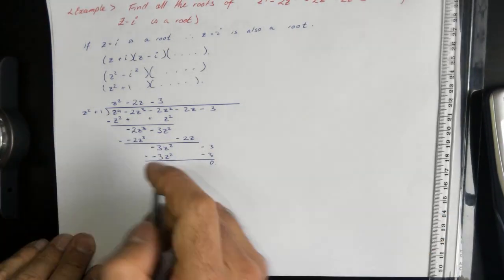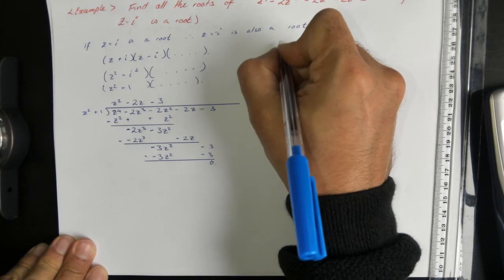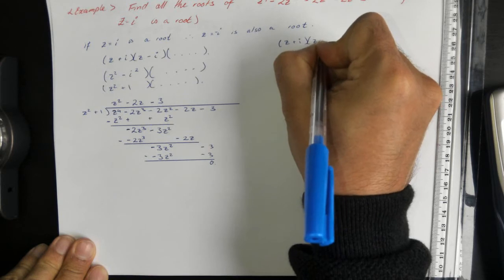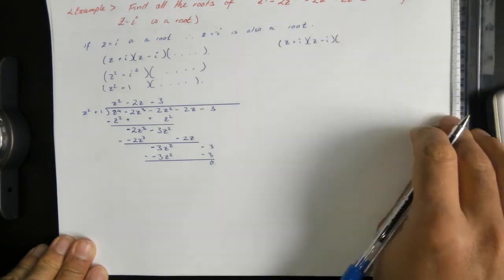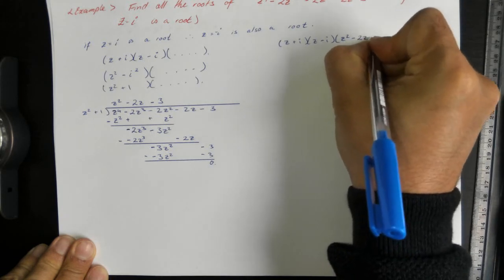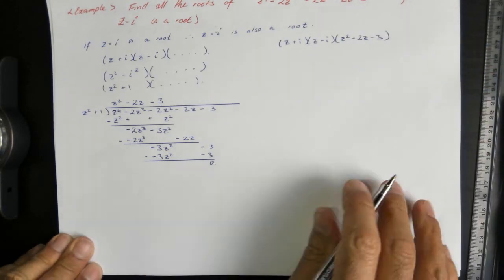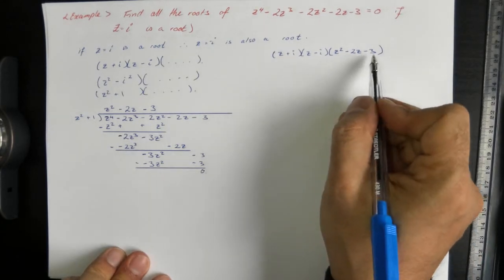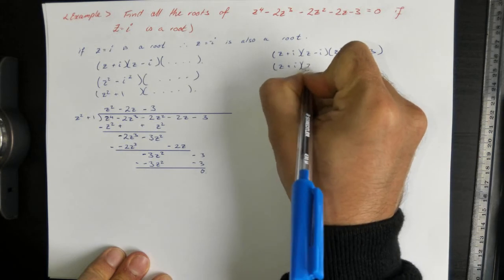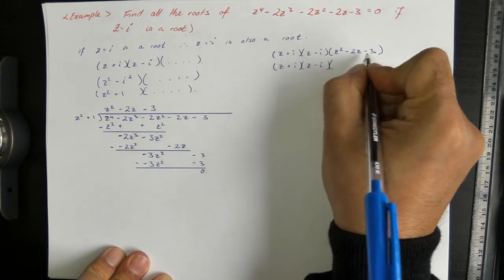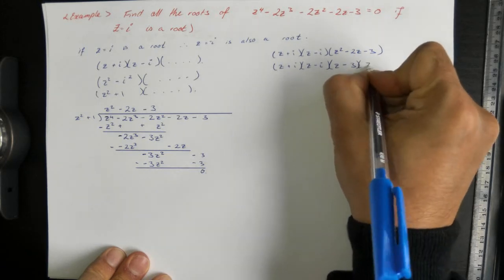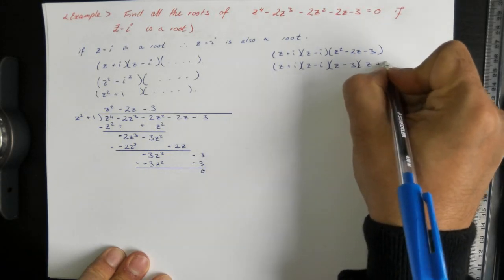So what we're going to get is really z plus i, z minus i, times z squared minus 2z minus 3. Okay. Now, this can be factorized further as z minus 3, z plus 1.